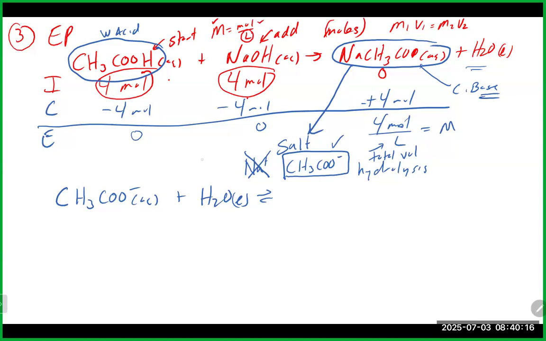Bronsted-Lowry definition of base is it's going to accept the H plus over there. The result of that is you will get back your acetic acid that it came from, and it will produce hydroxide. So when we look at this hydrolysis reaction, we should know right off the bat whether this solution should be acidic, basic, or neutral. This one should be basic, because we are forming hydroxide.